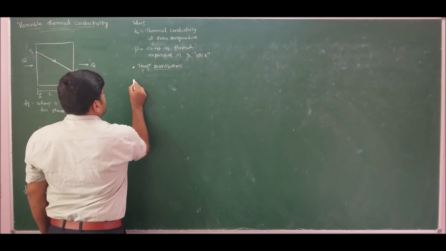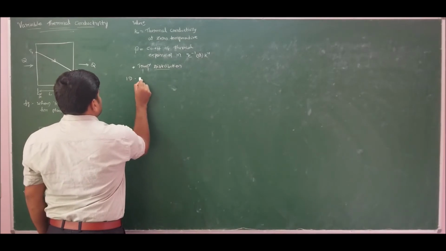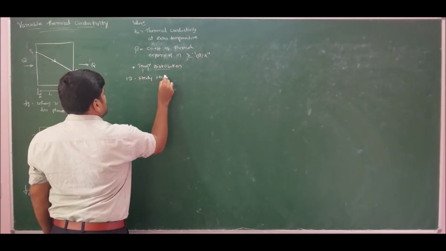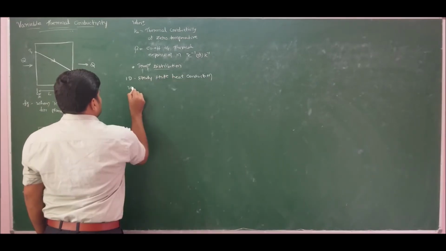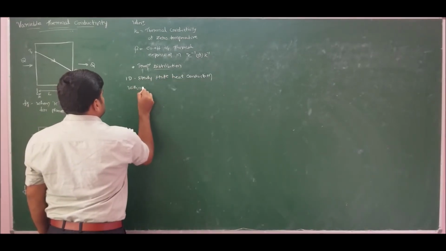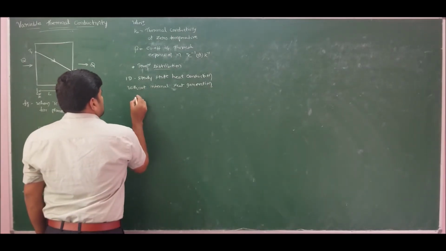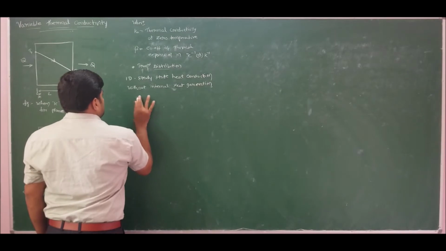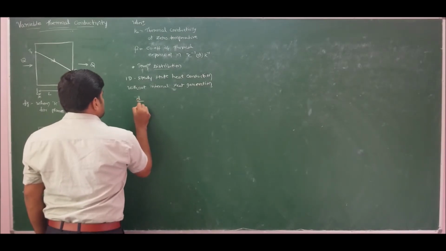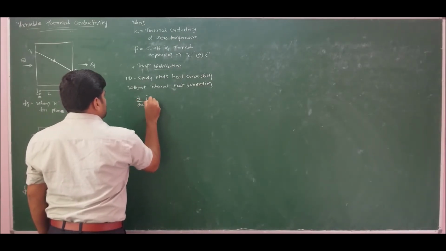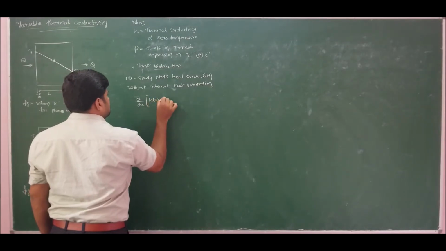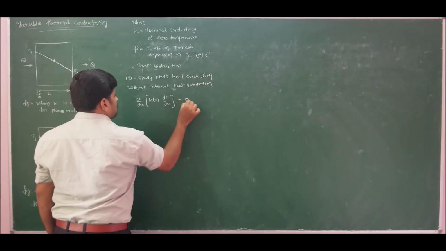We have the one dimension steady state heat conduction without internal heat generation given by d by dx of thermal conductivity, a function of temperature, times dT by dx, which is equal to 0.